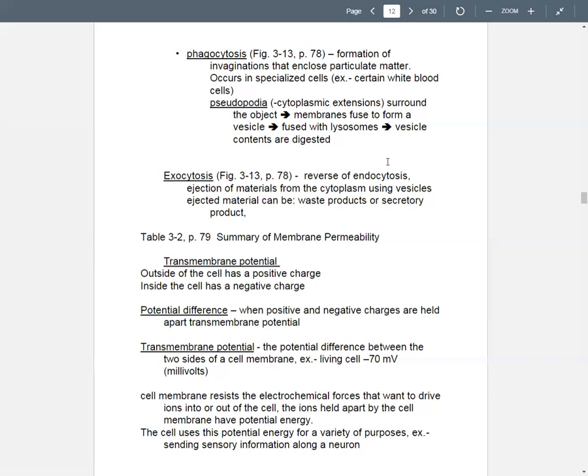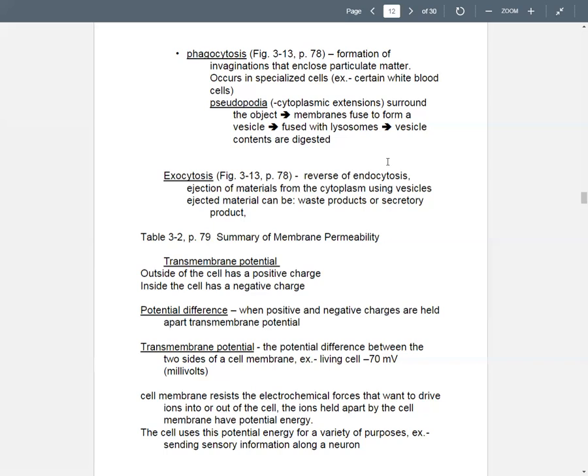All right, other partner. Yes. So remember, endo is inside, exo is outside. That will help you remember.